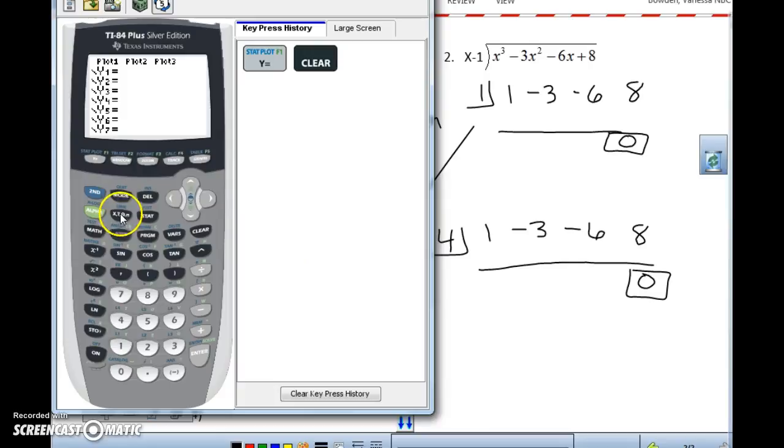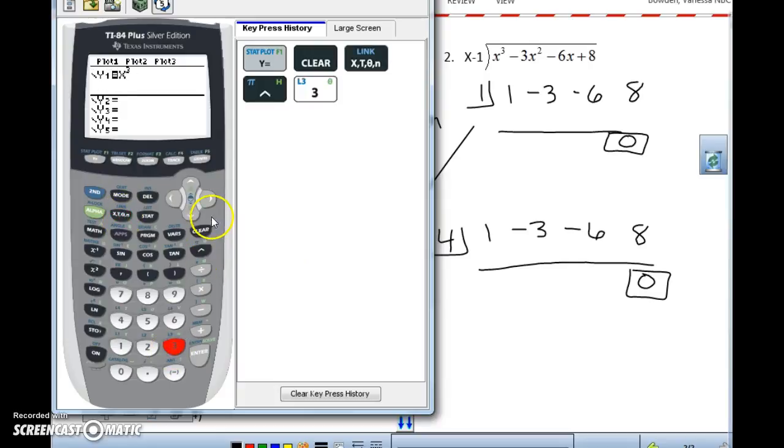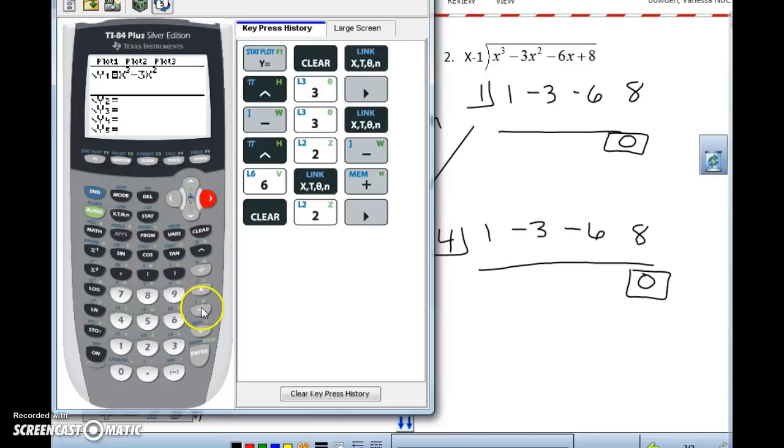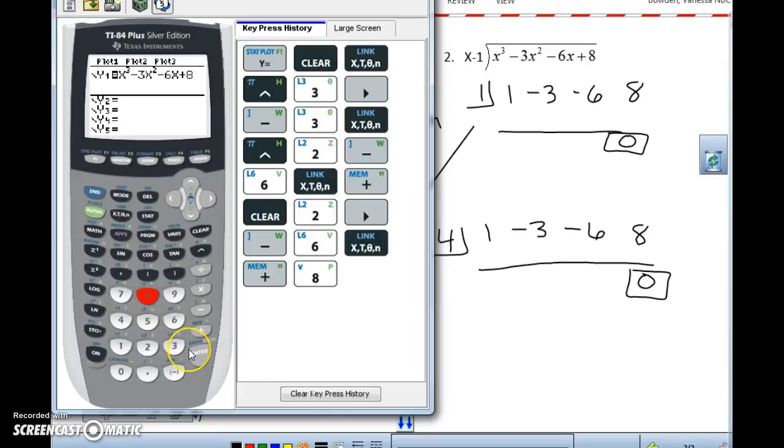Cubed. 3x squared. Okay, give me a minute to type it in. It's the dividend. The dividend was the same in all 3 problems. Yeah, we're typing in right here the dividend.